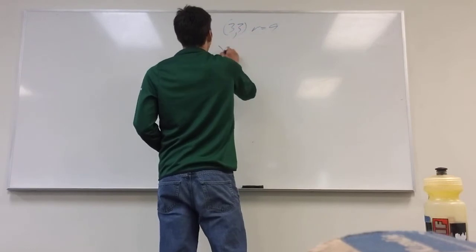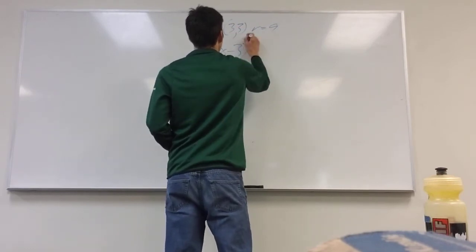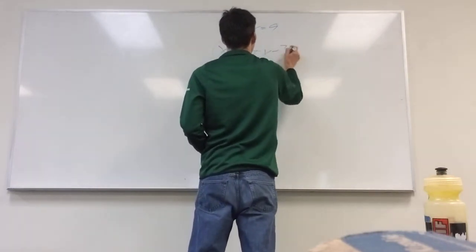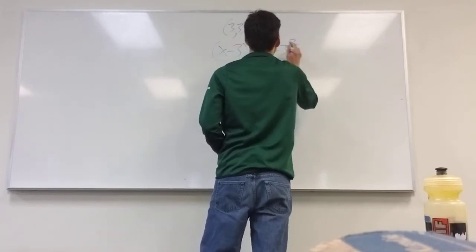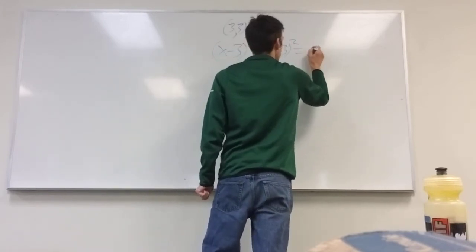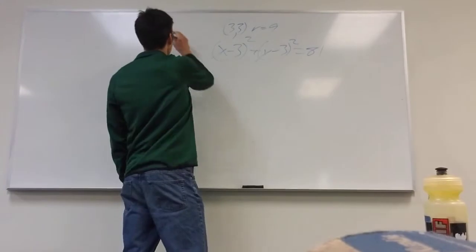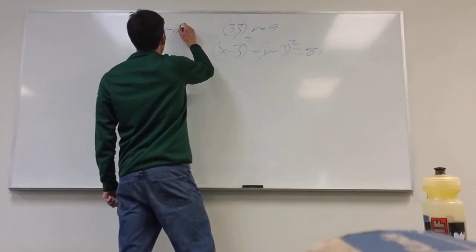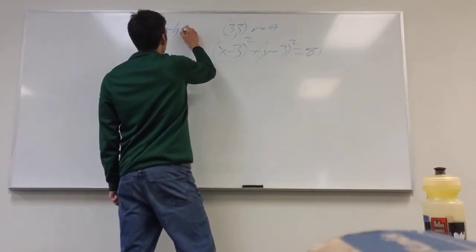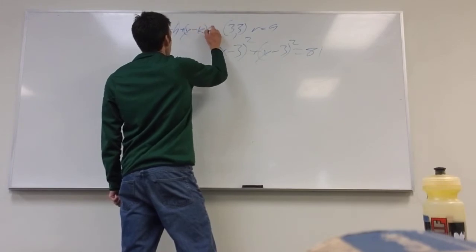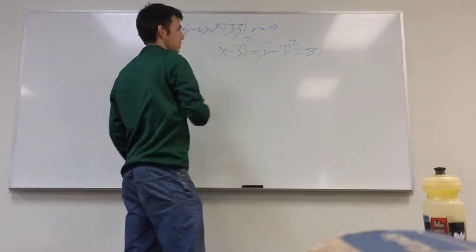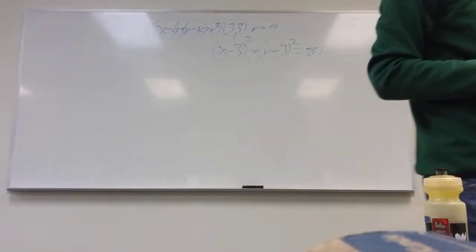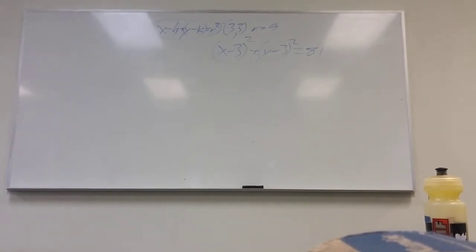So x minus 3 squared plus y minus 3 squared equals, radius is 9, so it's 9 squared, right? So remember, x minus h squared plus y minus k squared equals r squared. That's the equation of a circle. So I've got my center there. Just plug those numbers in.